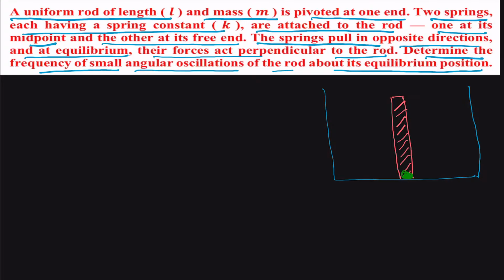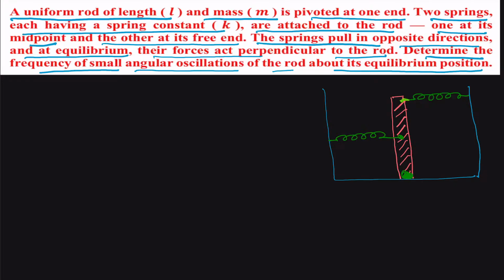One is at the free end, so this is our free end, and here a spring is connected, and there is another spring which is connected to the midpoint, and both the springs are in opposite directions. So suppose this is the other spring which is connected to the midpoint.